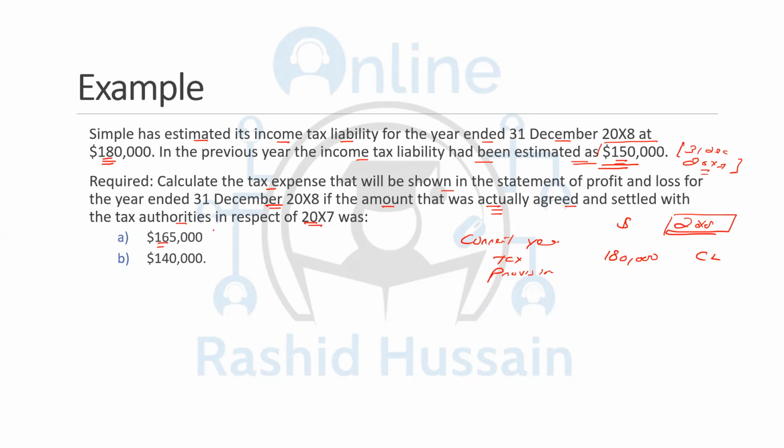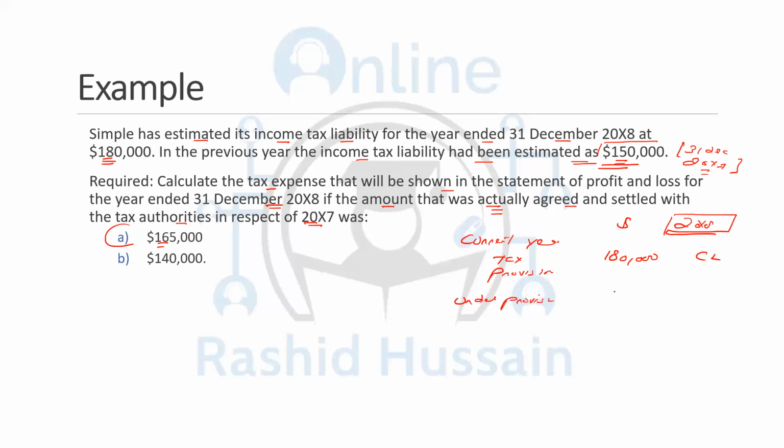Now, what I told you, compare the estimated with the actual. So the estimated tax of 20x7 was 150. They became aware of the actual tax in 20x8. Now we can do simply the adjustment. In the A case, the first case, the actual tax was 165 and you booked only 150. So this represents an under provision.